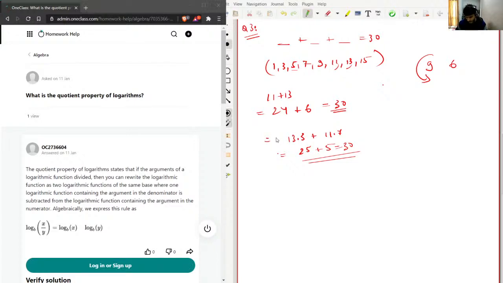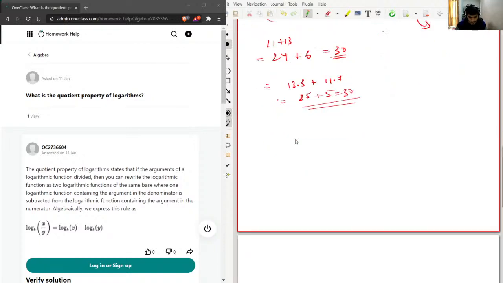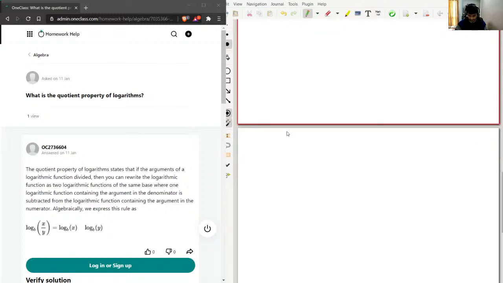Okay, so we have question number 4. So what is the quotient property of logarithms?